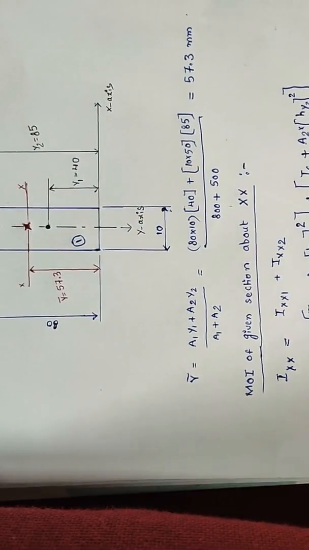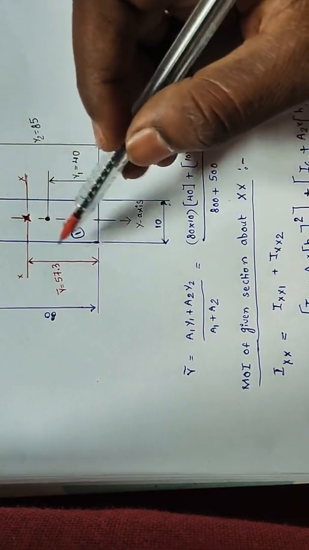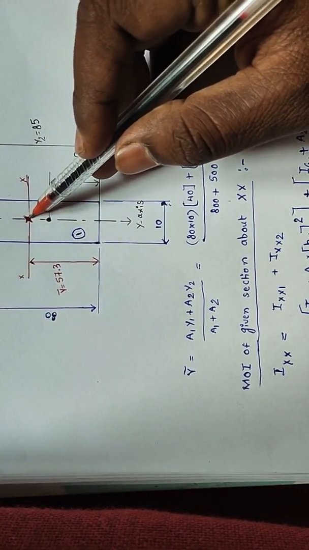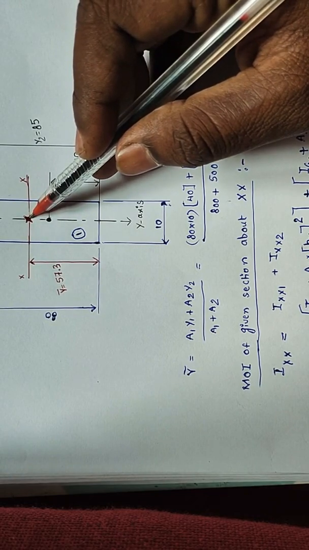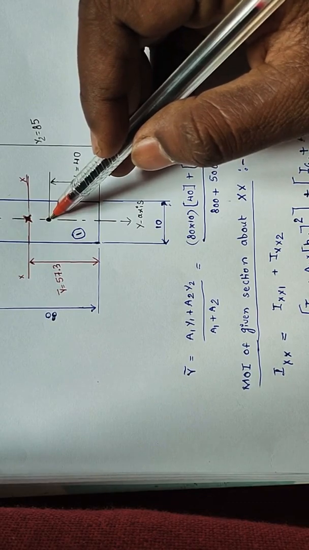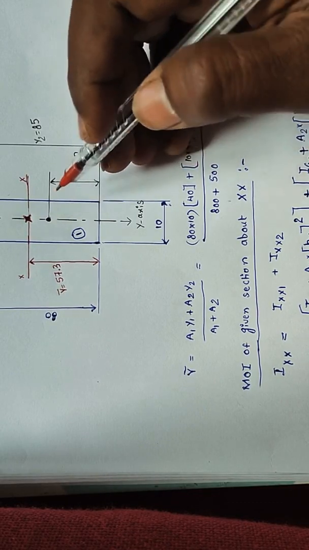So here hy1 is the distance between the centroid of the total compound section, that means the centroid of the T section, to the centroid of the first element.